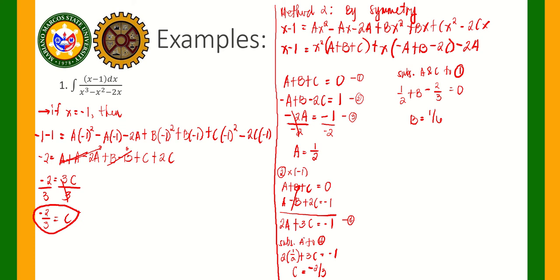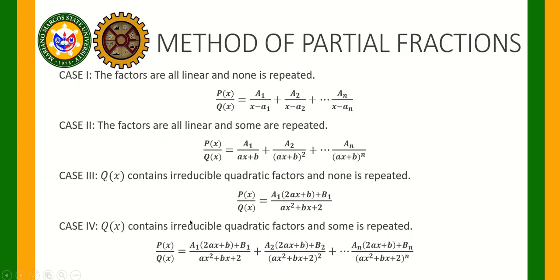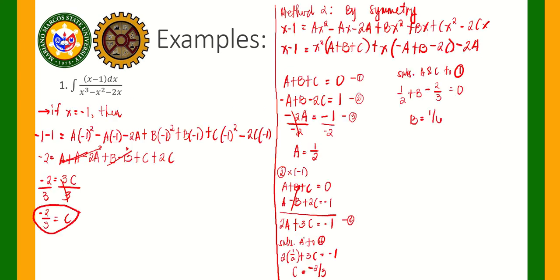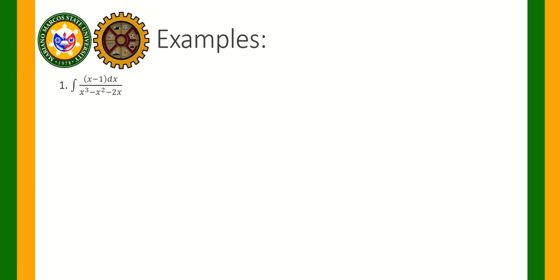Okay? So, we already have solved for those. The next thing we should do is to plug these values doon sa equation natin kanina. This one. Okay? So, gagawin natin is the integral of x minus, dito na lang.